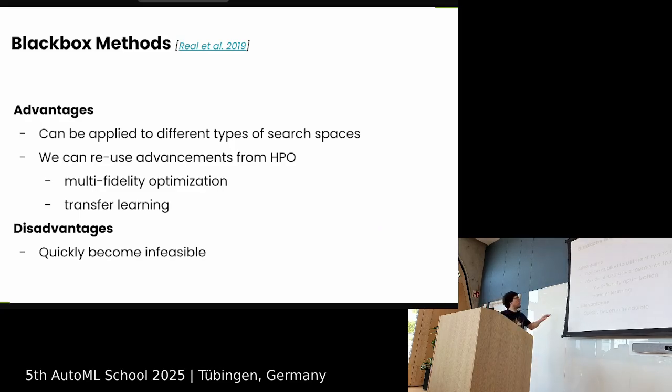So those methods, at least as of today, really only work on moderate-sized architectures, right? If you want to go really big, then it quickly becomes somewhat infeasible. There are some interesting directions right now, and I'm going to mention a few of them in a second, but as of today, it wouldn't really work in an LLM setting, for example.